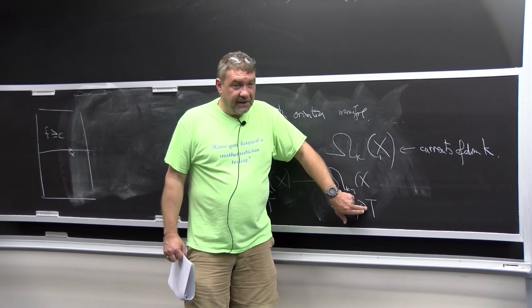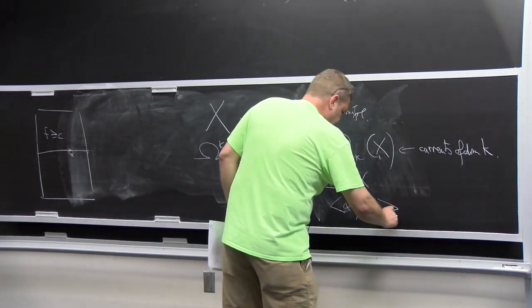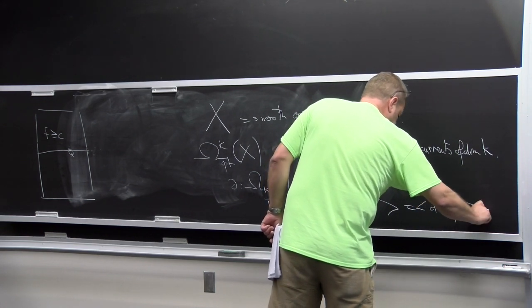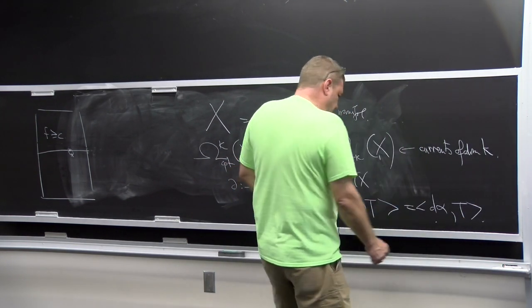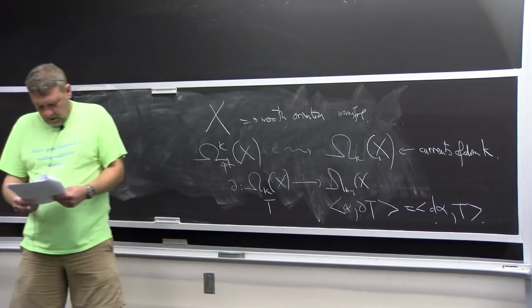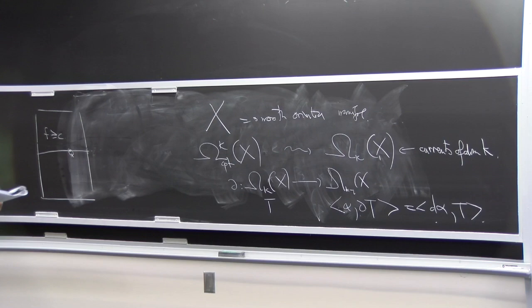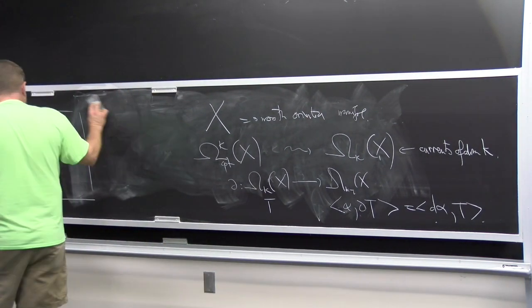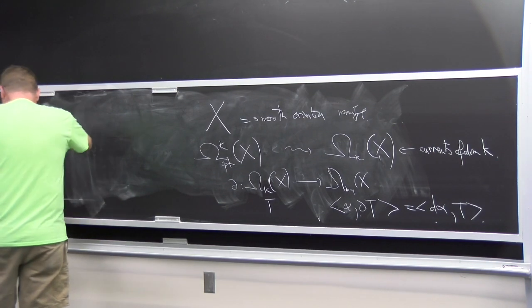This is a form integrated over the current. That's the same as integrating the differential of the form along T. So this is what we know. We know what it is, and that defines the boundary. That's just simple duality.